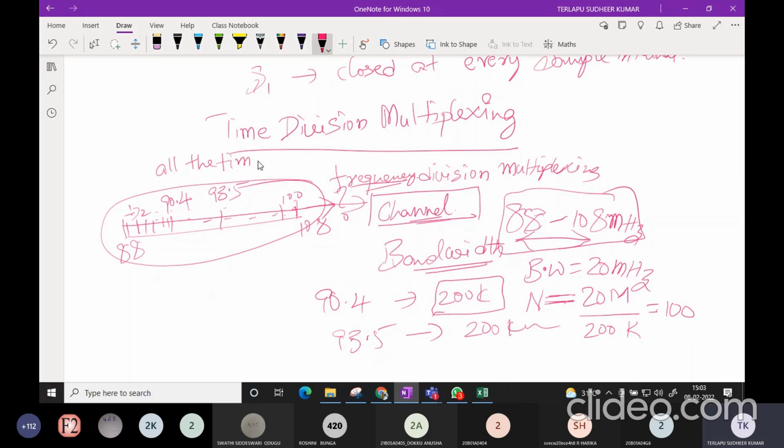This point is very important. But the frequency is limited for each channel. All these radio channels are transmitted into the air, but each channel is identified by its respective frequency. All signals are transmitted at a time. Such type of multiplexing is what we call frequency division multiplexing.